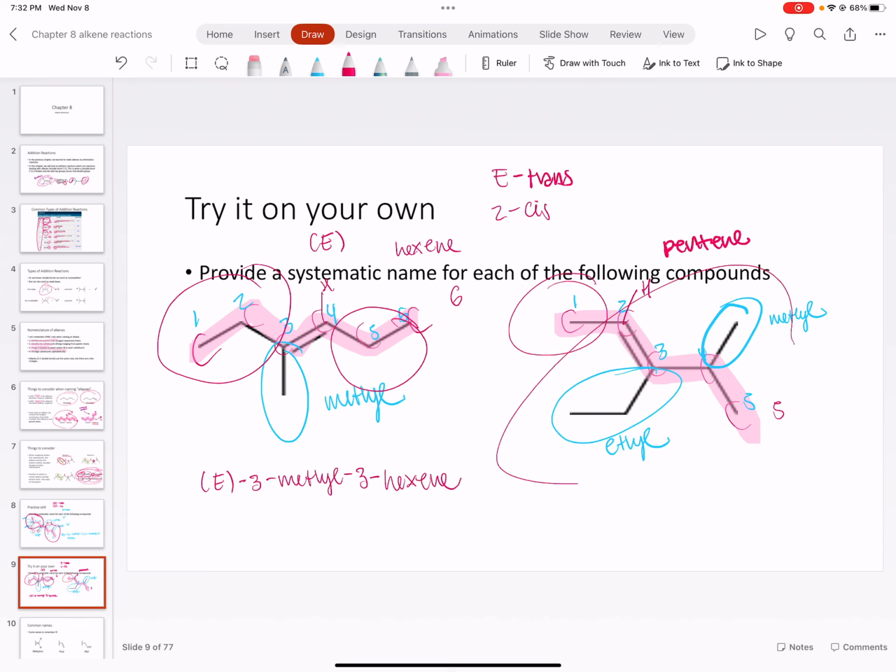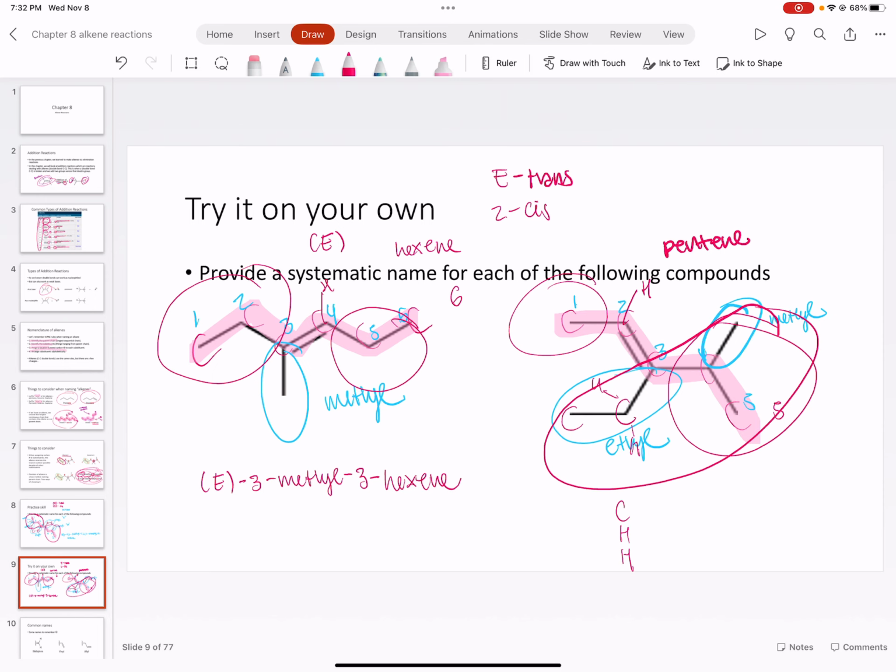And then if I was to analyze this side, the one that's gonna have priority is gonna be this one, just because in here I'm comparing carbon, hydrogen, hydrogen, while in here I'm comparing carbon, carbon, hydrogen. Therefore this one has higher priority.